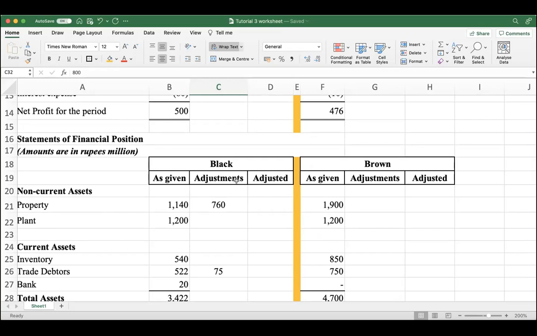To compare two companies, you should see the same accounting policies. Now we have adjusted Black for revaluation. Then now both companies, you see property at revaluation. Now property values of both companies are comparable.